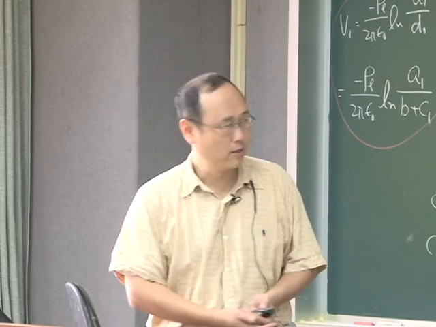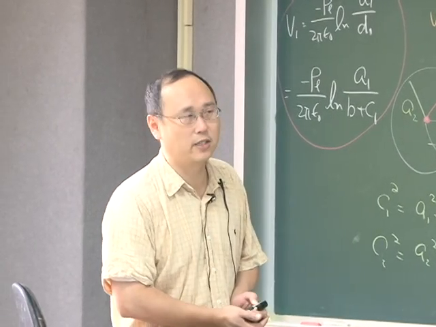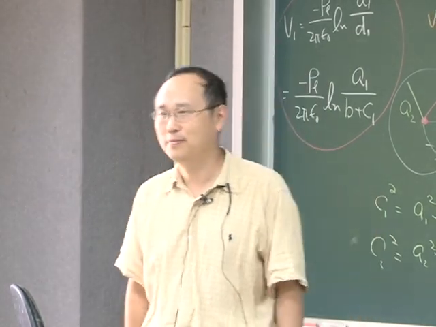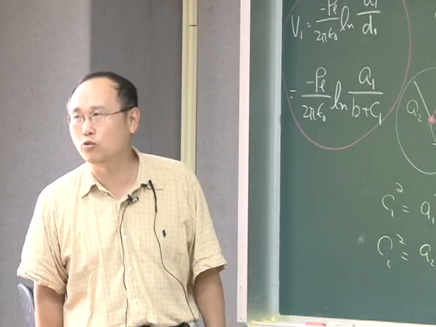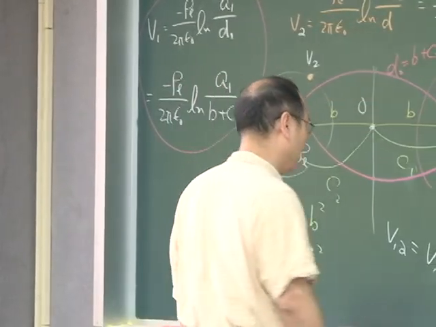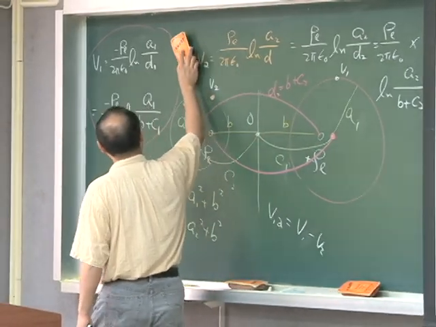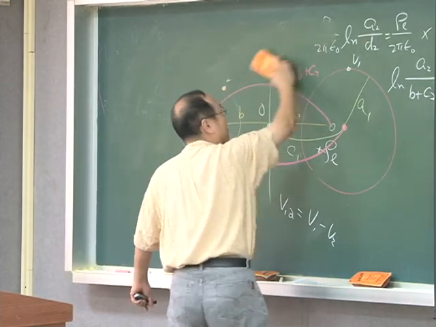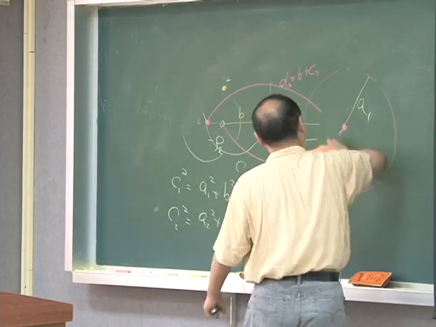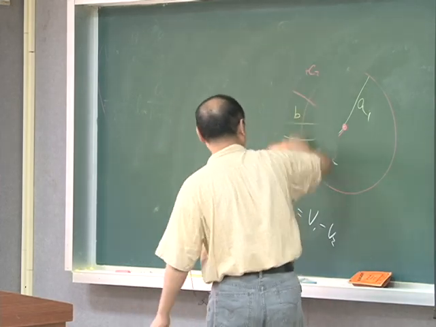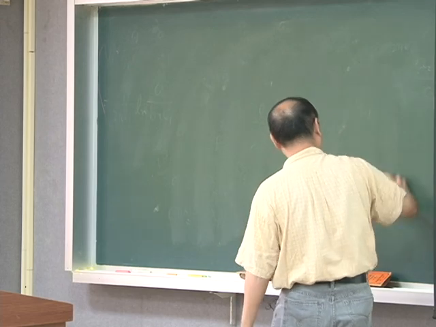OK, so here, subtracting V1 and V2, you get the potential between these two. These are all problems discussed in the cylindrical coordinate system, and we can look at the next problem in the spherical coordinate system. In the spherical coordinate system, you are not going to use a line charge anymore.